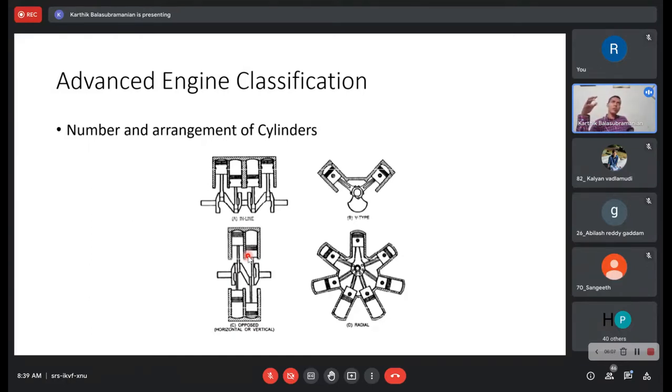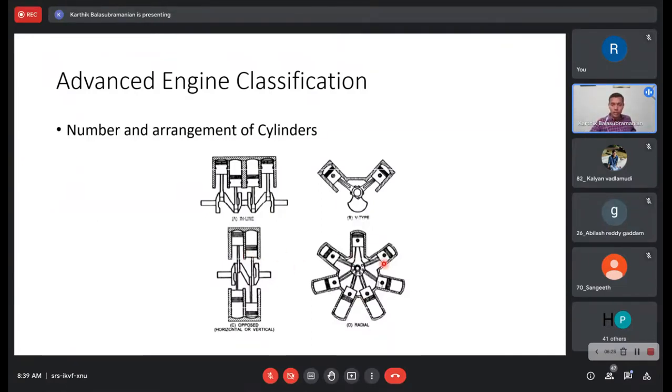Usually, horizontally opposed engines are preferred because balancing is better in the horizontally opposed engine rather than a vertically opposed engine. I mean, vertically opposed engines are way more balanced than inline engines. But even compared to vertical, horizontally opposed engines are better, considering the gravitational effects and so on.